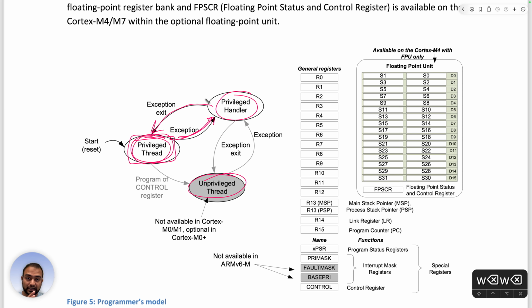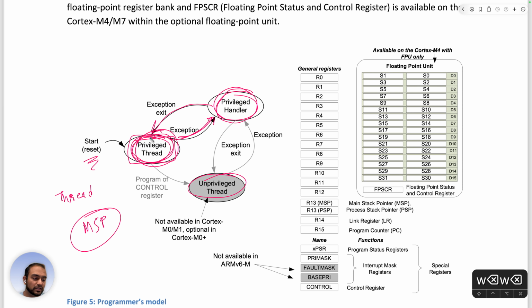Now, one other thing that I should mention is that when the CPU starts off, and again, in the next video, we'll take a look at how the CPU boots up, but when the CPU starts, it starts in thread mode, yes, but then the stack pointer that it is using is called the MSP, right? So in the handler mode and in the privileged thread mode, we start off with MSP.